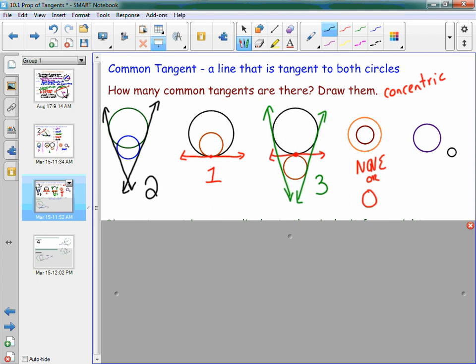On our last example, we have the 2 outside, which are referred to as external tangents. But we also have ones that go through the inside, referred to as internal. So these 2 circles have a total of 4 common tangents.